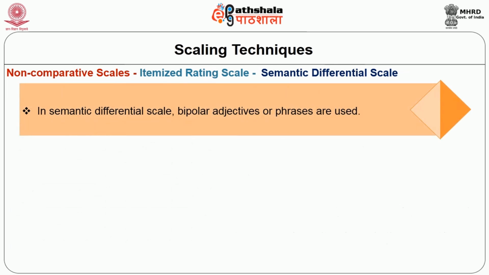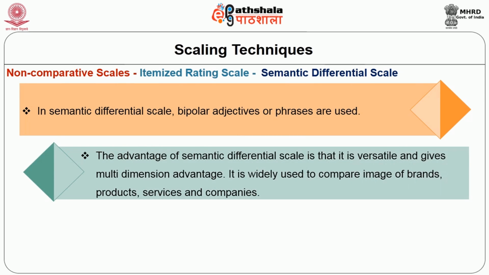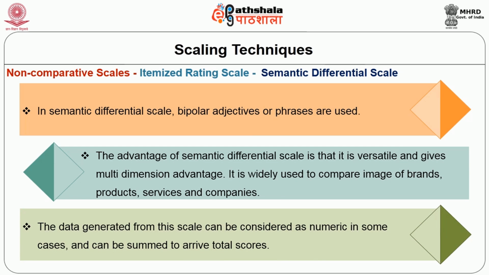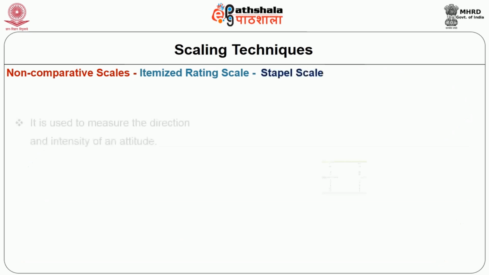However, in semantic differential scale, bipolar adjectives or phrases are used. The advantages of semantic differential scale is that it is versatile and gives multi-dimensional advantage. It is widely used to compare images of brands, products, services and companies. The data generated from this scale can be considered as numeric in some cases and can be summed up to arrive at the total scores.